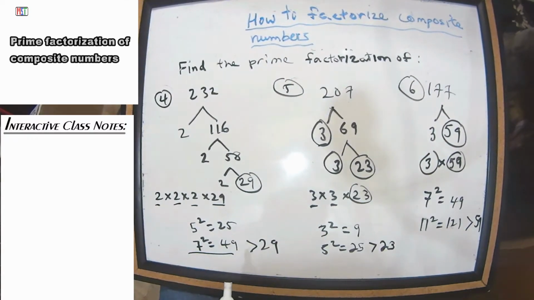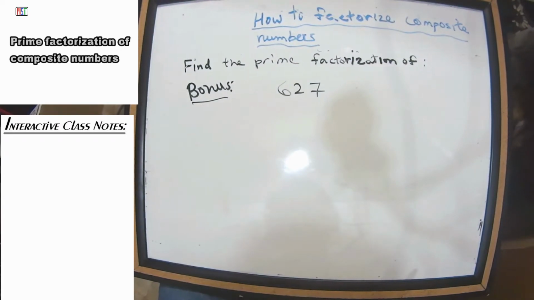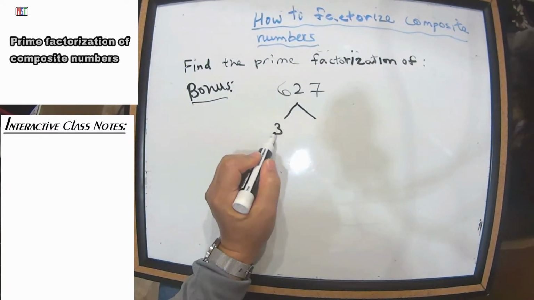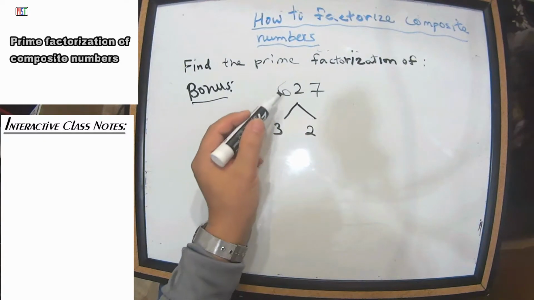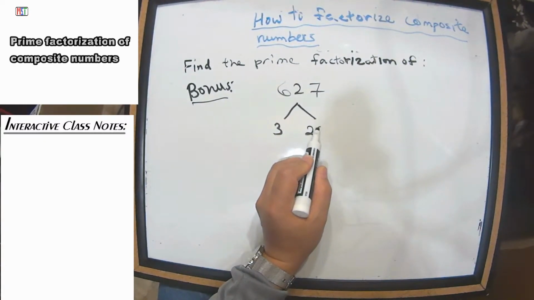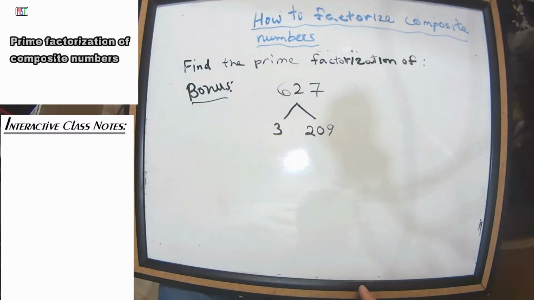Alright, let's do a bonus. Okay, here's a bonus question: 627. Well, I think 3 can get into 627. How many times? 3 can go into 6 twice, and 27 is 9, so 209.